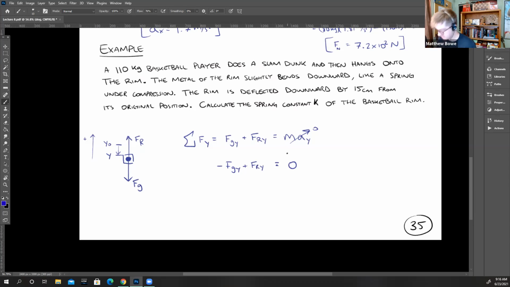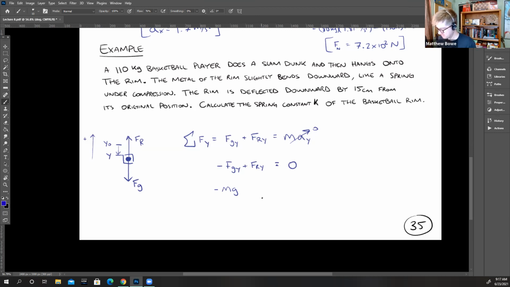R, Y. Okay, so the force of gravity is just mass times acceleration of gravity, mg. I'll just leave it like this, mg.